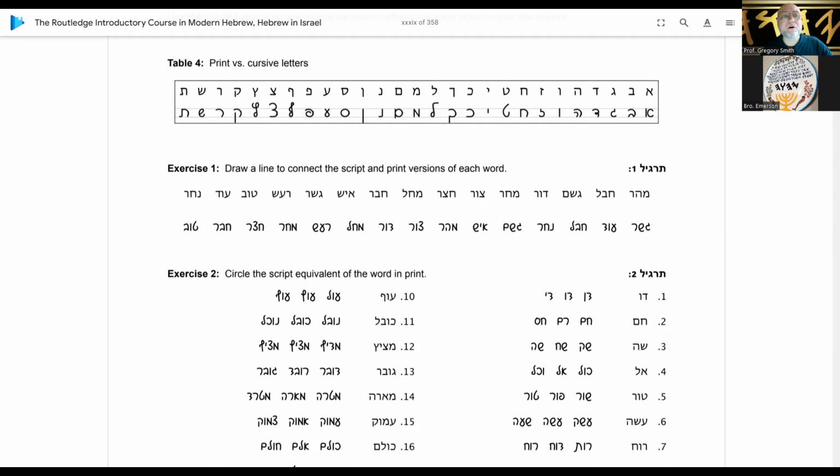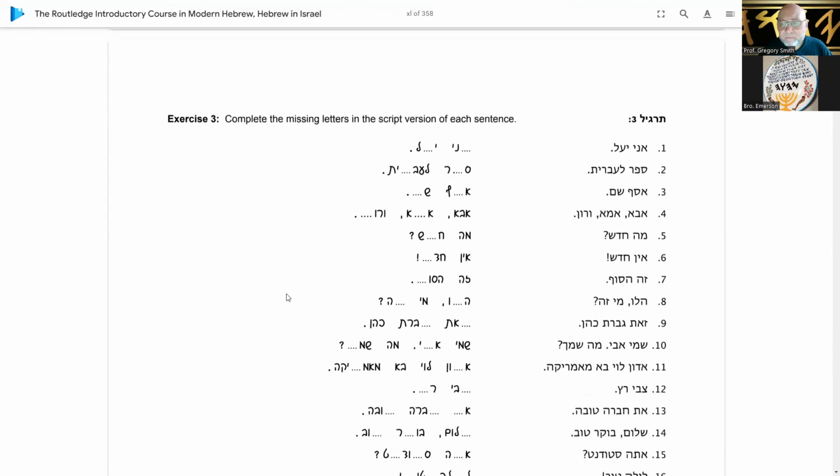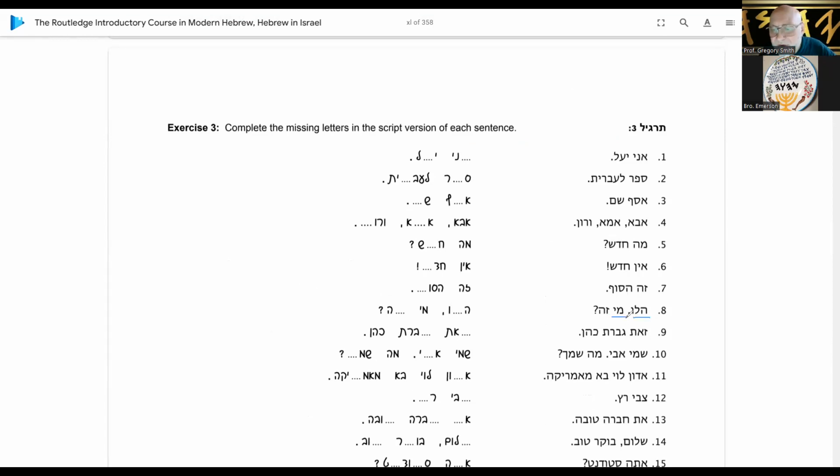I'm past my hour. I try to keep these down to an hour just to do these practice exercises. Okay, so halu or hello, mize. Who is this? Okay, so that lamed is like a snake. Yeah, it's kind of like this. Remember that.